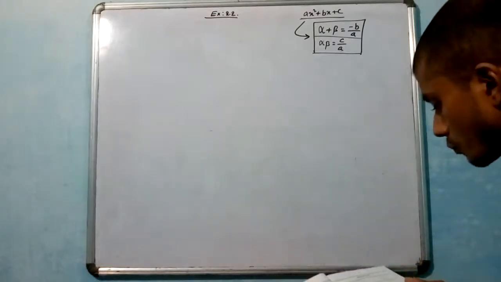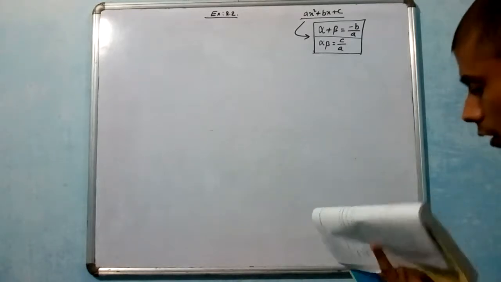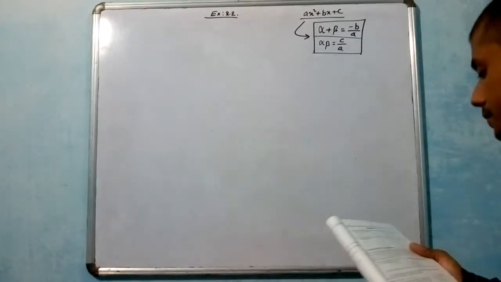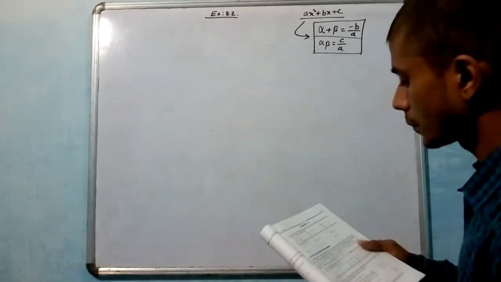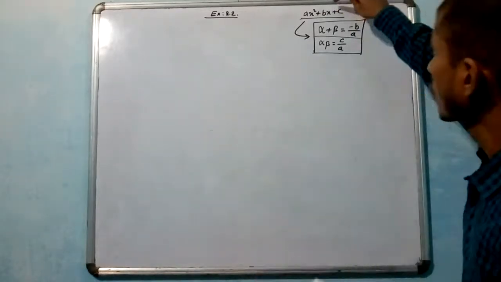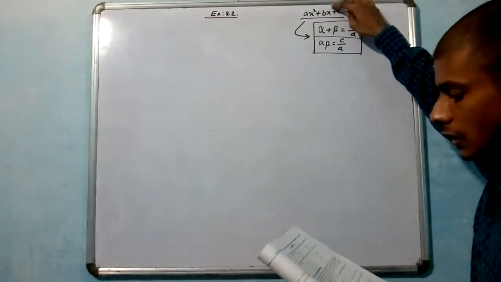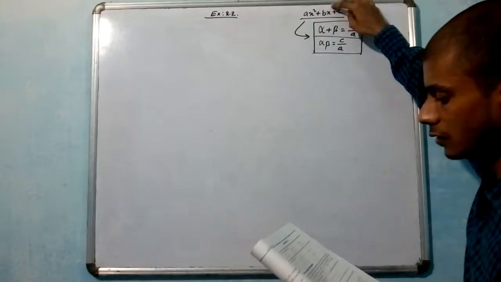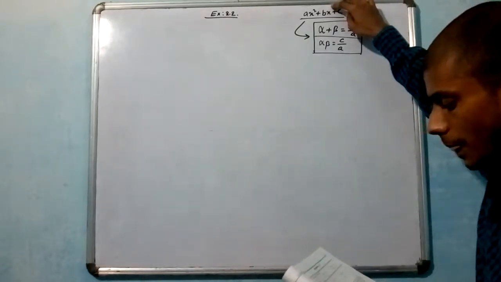Now see what the question given in exercise 2.2, the second one. What is it given? Find a quadratic polynomial, each with the given numbers as the sum and product of its zeros respectively.